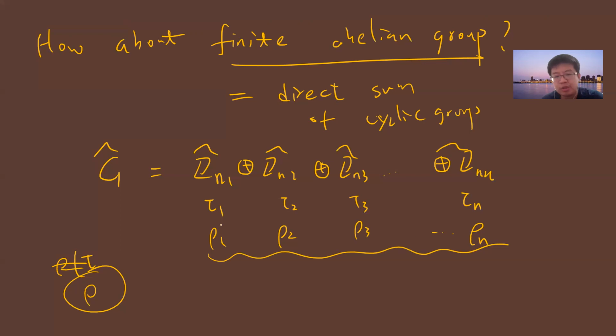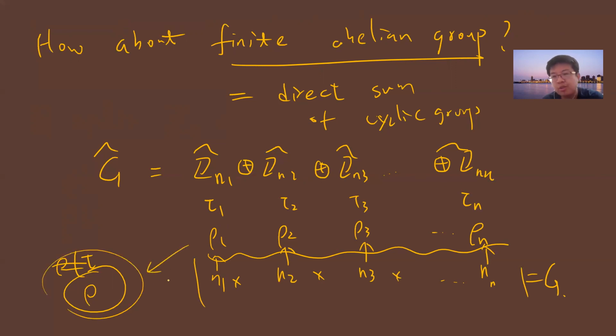There are n1 choices for rho 1, n2 choices for rho 2, n3 choices for rho 3, and nk choices for rho k. The product of all of them is the order of G. Once you specify each rho i on the generators and combine them, it's called rho.